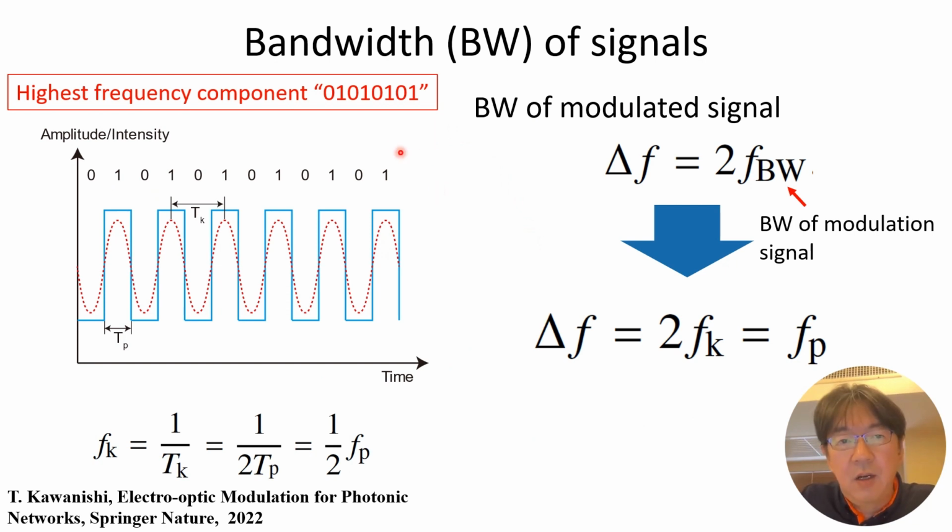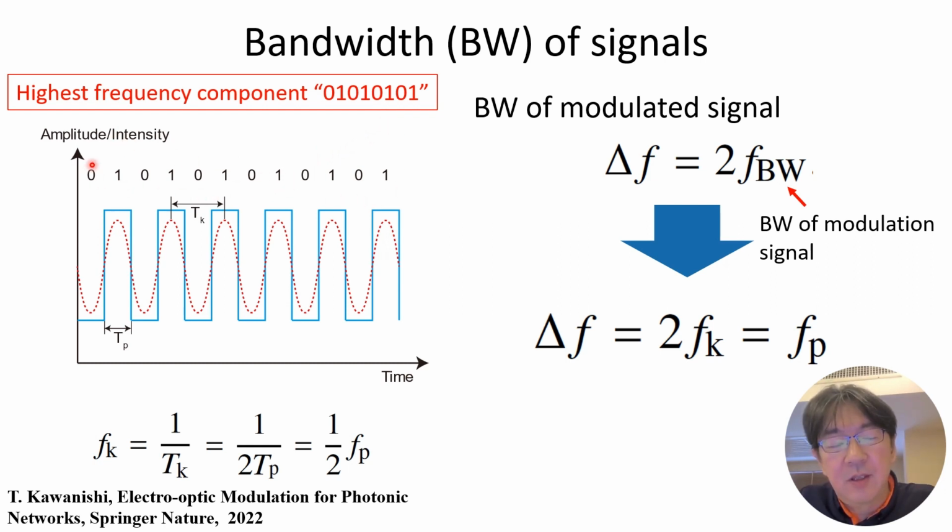Okay, here I'd like to explain the bandwidth of the signal. So as I mentioned, the modulated signal has some finite bandwidth, and the bandwidth is dominated by the highest frequency component in the signal. Here we consider the simple binary modulation format.